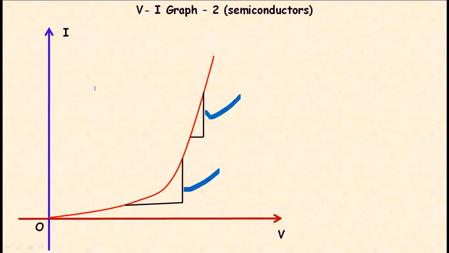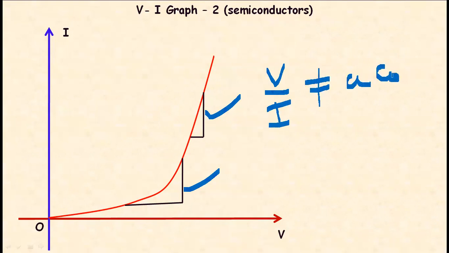And therefore, the reciprocal of slope will also be different. You know, the slope of the VI graph gives me the reciprocal of resistance. The reciprocal of slope gives me resistance. So since the reciprocal of slope is not a constant, the resistance of the device connected in the circuit will not be constant, which means the V by I ratio is not a constant.